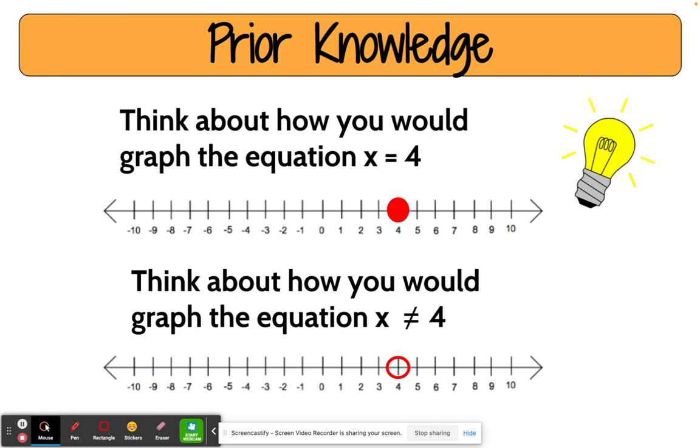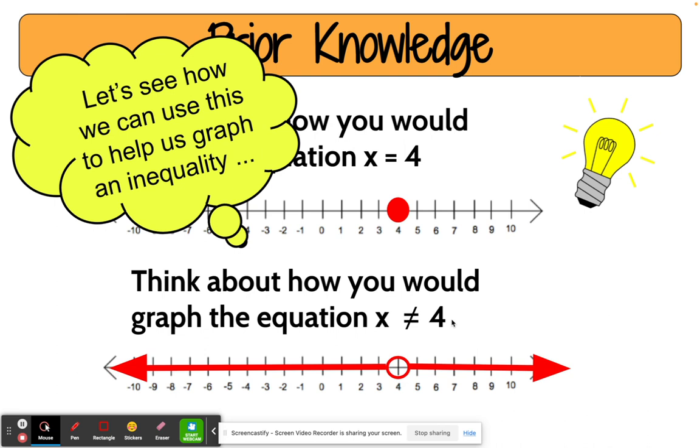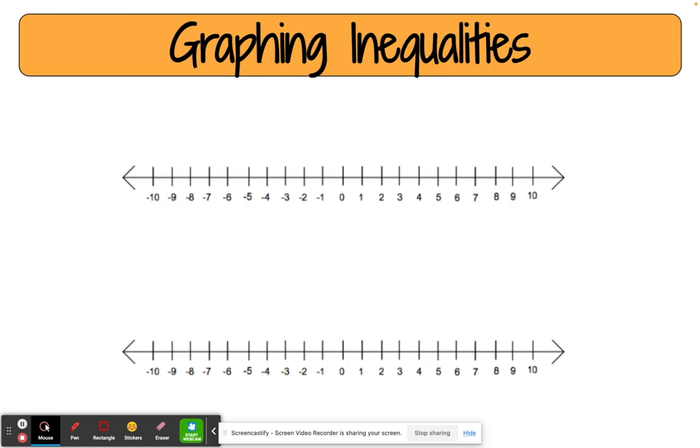Well, I would put an open circle on the 4, meaning it is not included, but everything to the left and right of it is included. All of those numbers are not 4, but 4 is 4, so that would not be included in my graph.